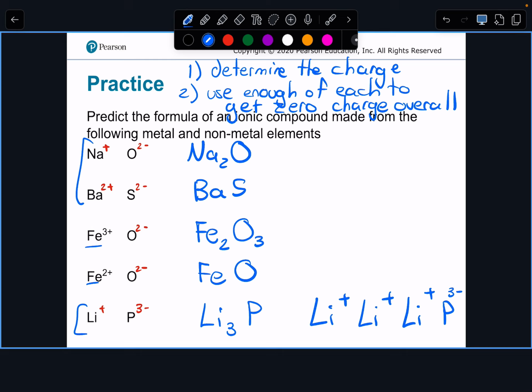And whatever number is up here, that's how many you're going to need of this. Because if you have 2 of these, that's a positive 6. And if you have 3 of these, that's a negative 6, and now they balance. Okay? So you can see, like, this number comes down there, and that number is down there. You want to, like, verify it for yourself a couple times.